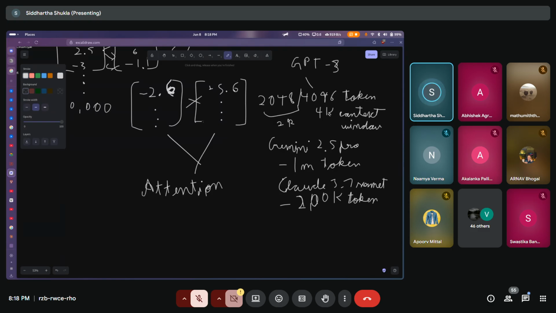I just put two here for the sake of ease, but all of these inputs that you feed into it, the vectors for all of the input tokens, they're all going to talk to each other, all of them.